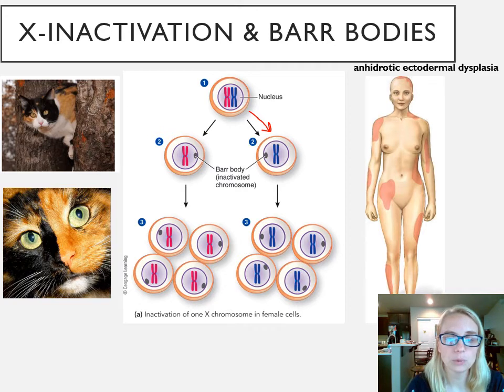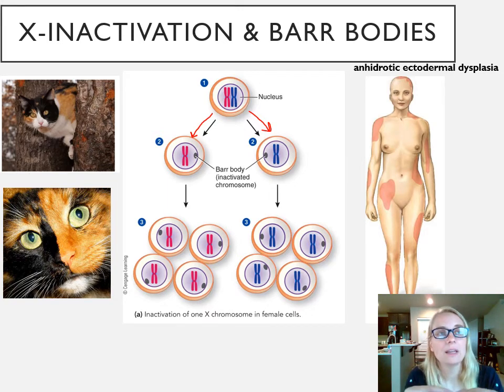Or the blue chromosome is inactivated and the pink one is left to be expressed. Again, this is very early on in embryonic development, like maybe the 4, 8, 16 cell stage. Once those X chromosomes are inactivated, they stay inactivated for the remainder of the life of that particular cell.